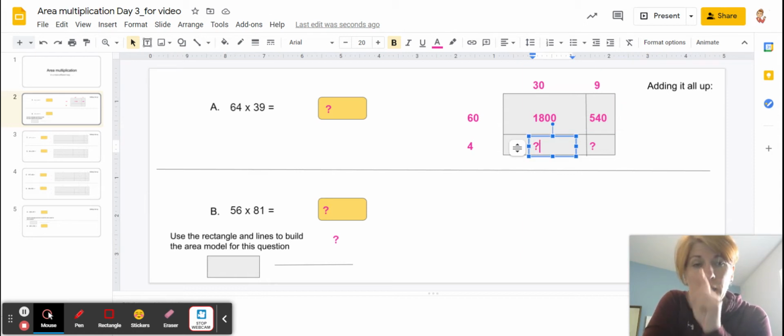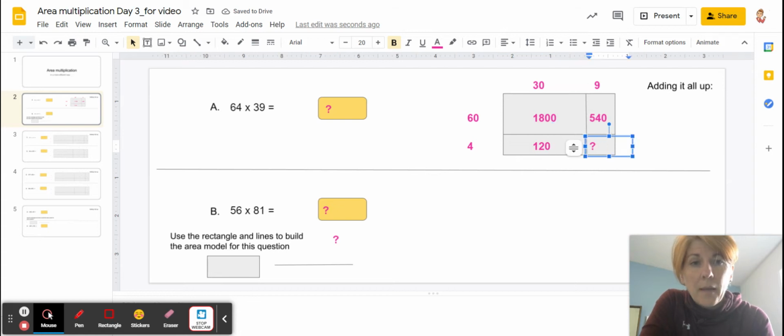This guy down here, my side lengths are 4, and the top side length is 30. So I would go 4 times 3 is 12 with 1 shift. And then my last box here, side length of 4, other side length of 9. So 4 times 9 is 36.